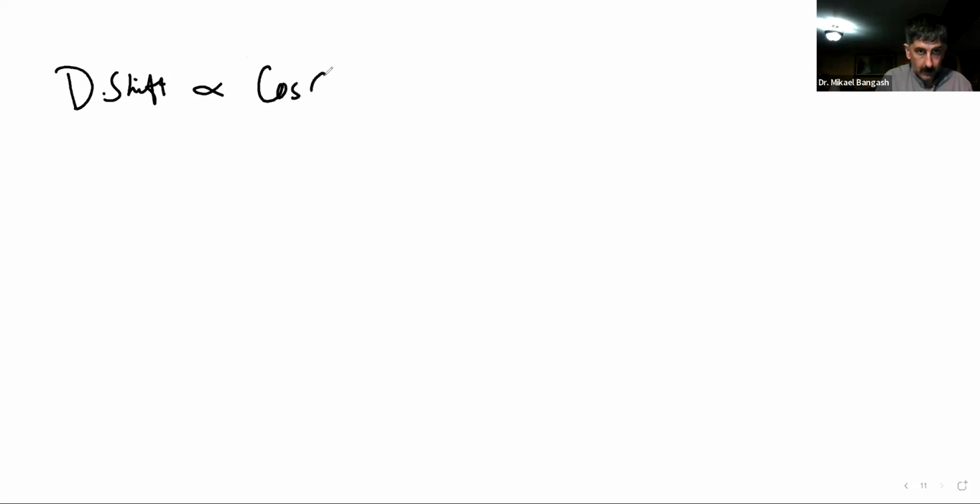Okay, girls. Now the next thing that we were talking about, let's do it this way. We can actually see that the Doppler shift is directly proportional to the cosine theta value of the angle.